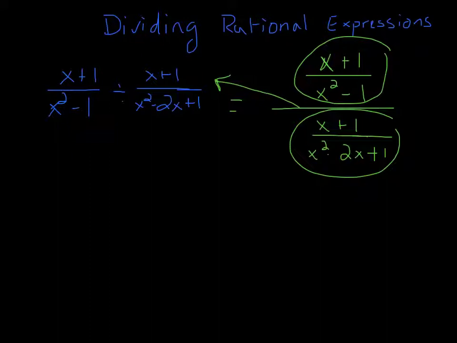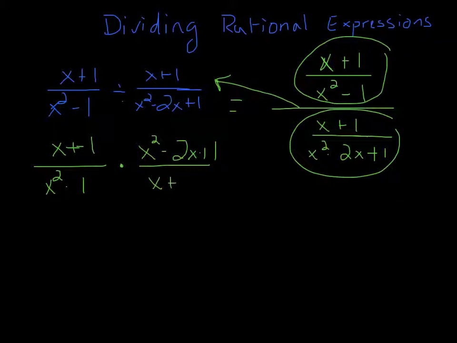So copy dot flip. We'll start with that. So x plus 1, we're copying first, over x squared minus 1. Change it to a multiplication problem, and then flip the last one: x squared minus 2x plus 1 over x plus 1. So we flipped it. Now, we already worked on multiplication, so this should be pretty simple, right?